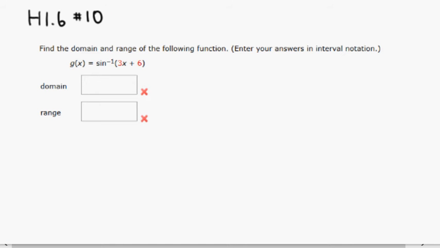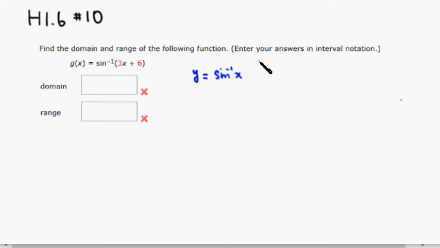Let's look at the domain of simple arc sine first. Let's say y equals arc sine of x.